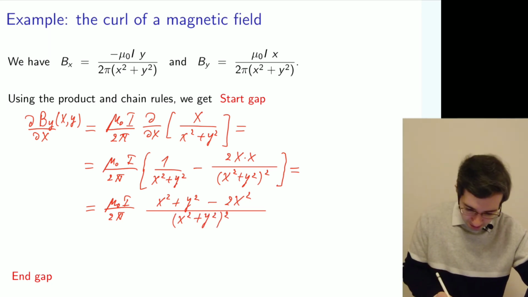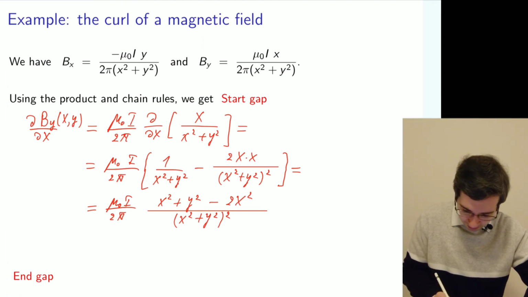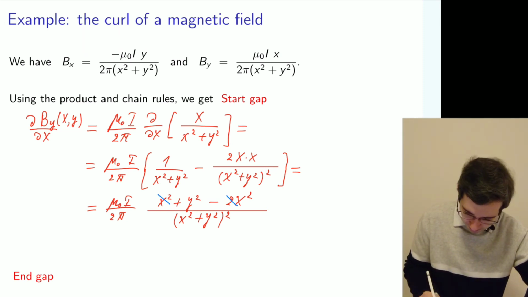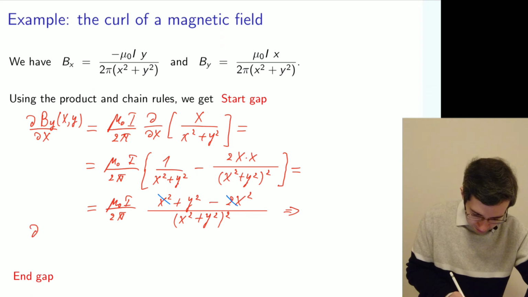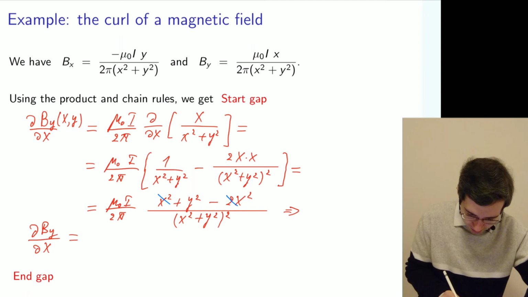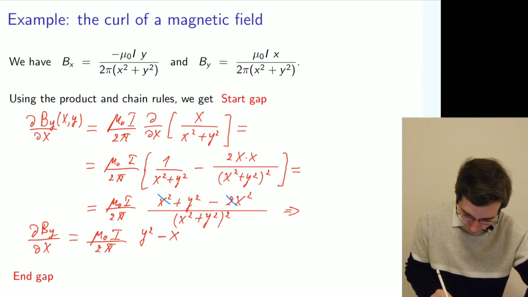We cancel a bit of x squared, and we finally have the derivative of the y component, which is mu naught I over 2 pi times y squared minus x squared divided by x squared plus y squared, all squared.